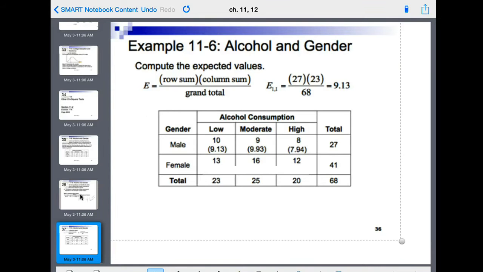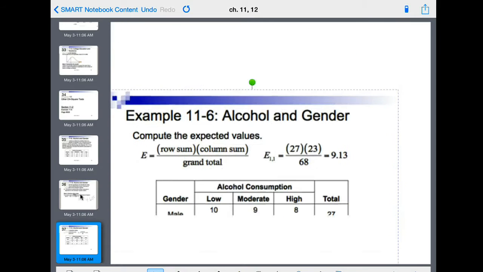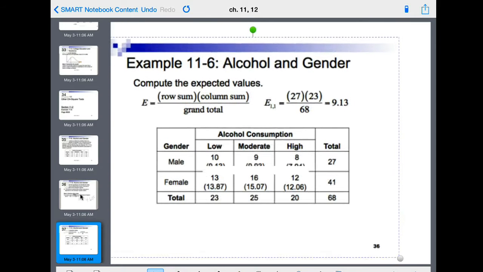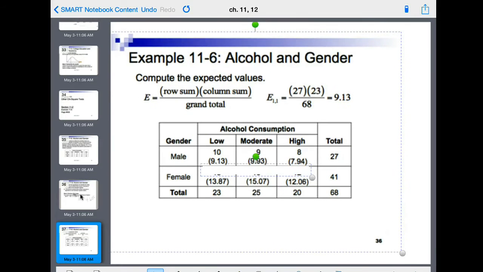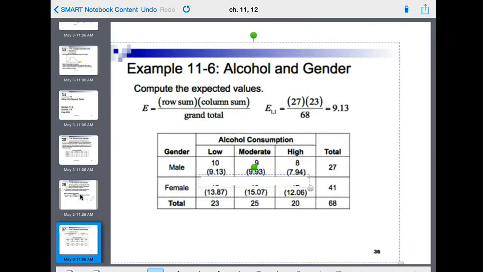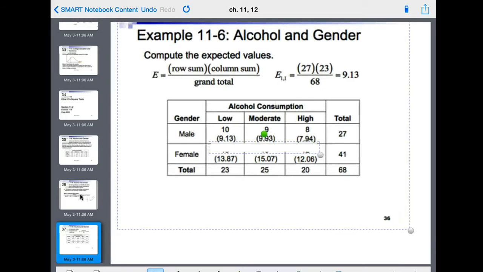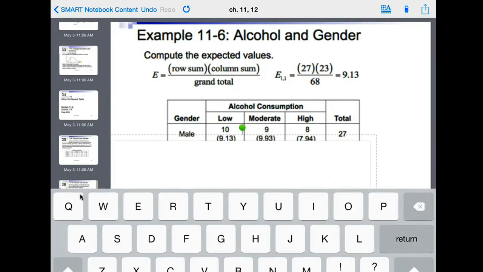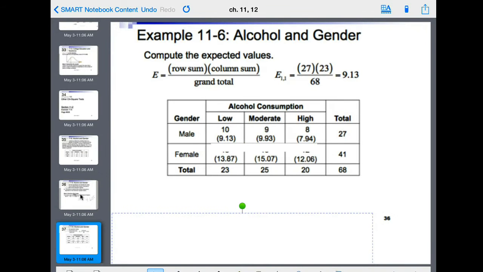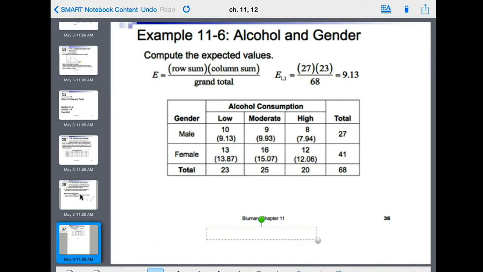Row times column divided by total. And then up here, whoops. And we get all our expected values.